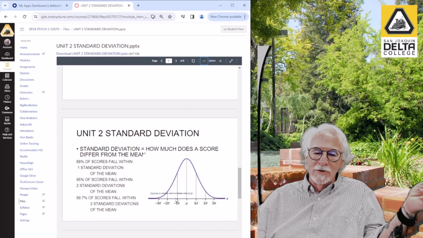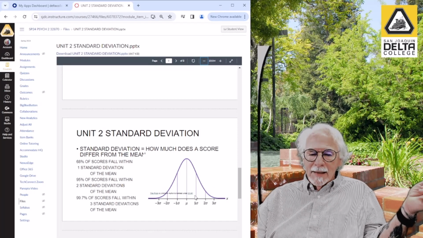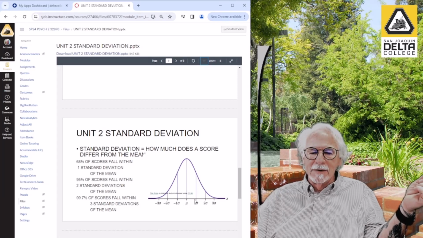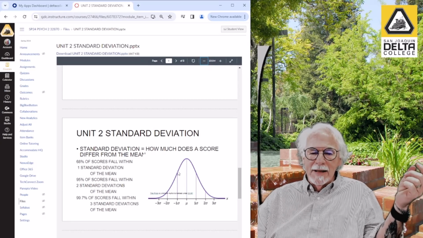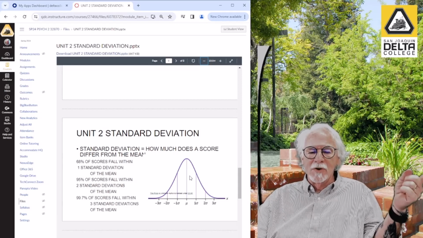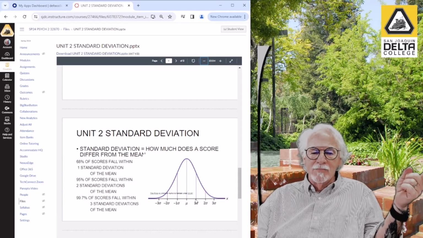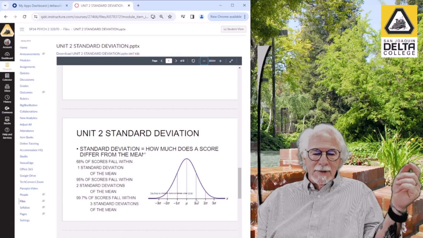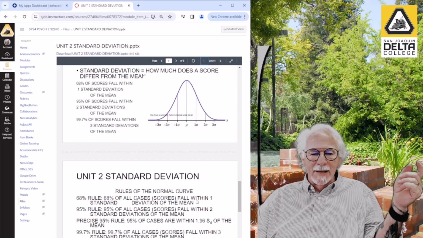Right here the score is 40, and by adding, right here the score is 48. So all the scores from 40 to 48 are right here, and 68% of the subjects scored between 40 and 48. That made sense to you, okay?